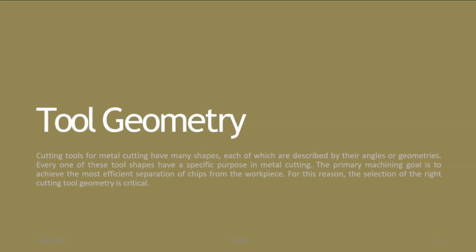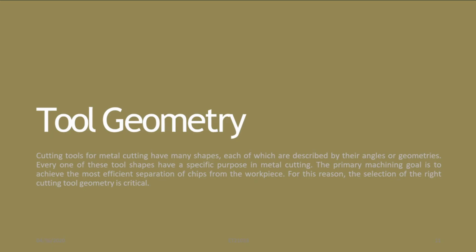Cutting tools for metal cutting have many shapes, each of which is described by its angles or geometries. Every one of these tool shapes has a specific purpose in metal cutting. The primary machining goal is to achieve the most efficient separation of chips from the workpiece.